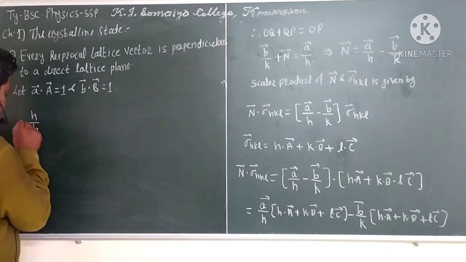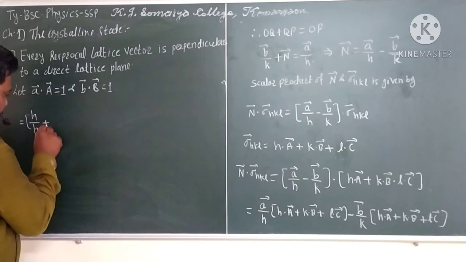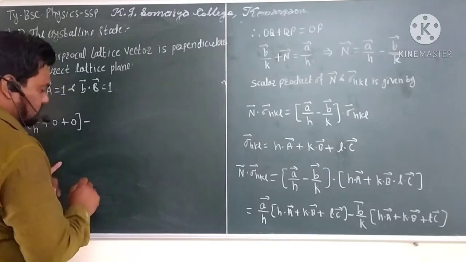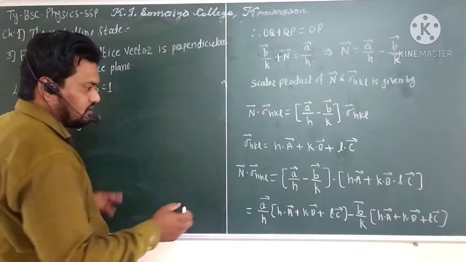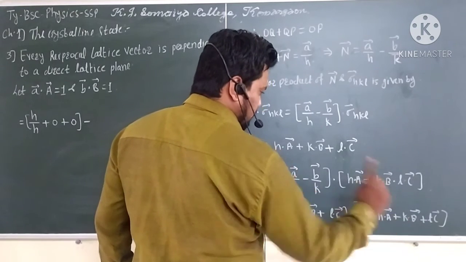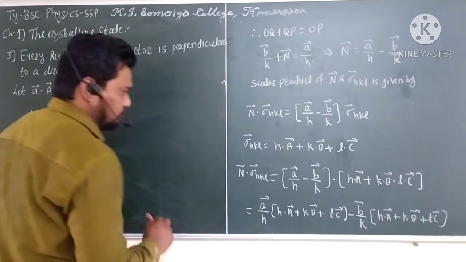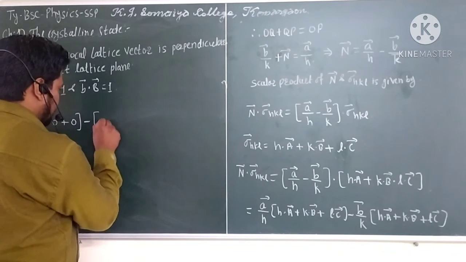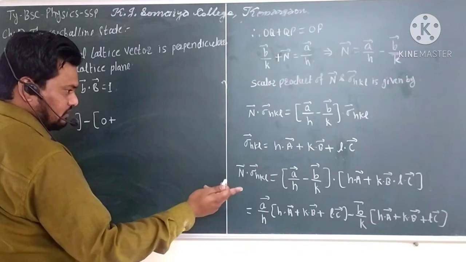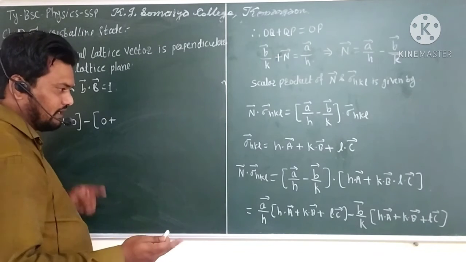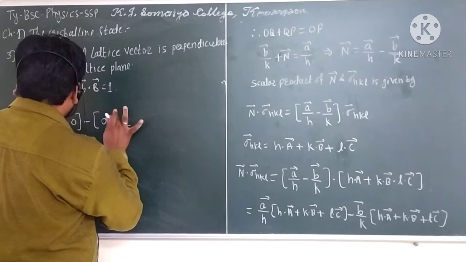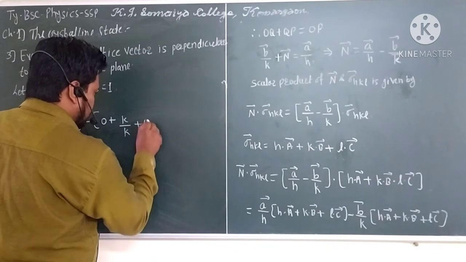So h by h plus the next quantity, which is 0, plus the next quantity, which is 0, minus what is remaining: b bar dot a bar is 0, b bar dot b bar is 1, and b bar dot c bar is 0, so that is minus 0, plus what is remaining, k bar by k bar, k by k plus 0.